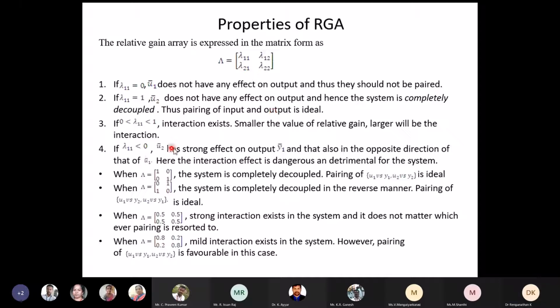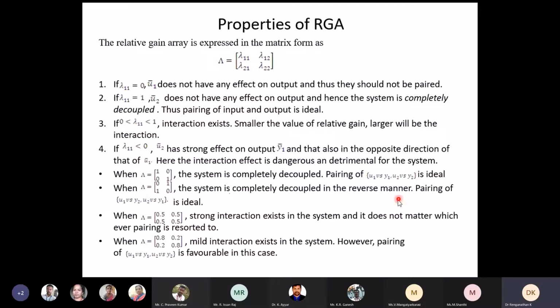Obviously, when you see here, when lambda 11 is less than 0, it has another effect, that is, a strong effect in the opposite direction. So the interaction effect is dangerous and detrimental for the system. We should not take this value of lambda 11 less than 0. It should be either equal to 0 or between 0 and 1. It should not be less than 0. Similarly, when you take a relative gain array of this manner, then obviously the system is considered completely decoupled, which is an ideal condition for any system, which we call an ideal system.